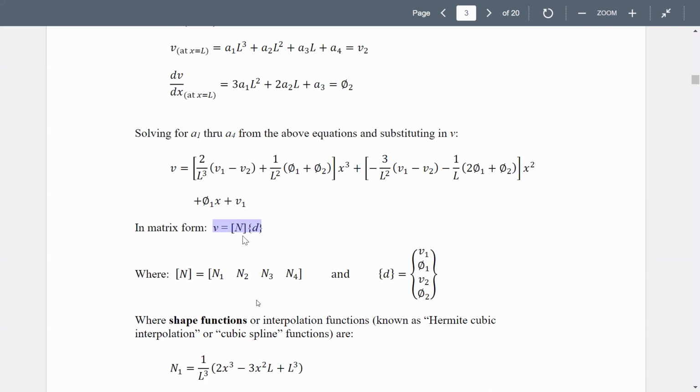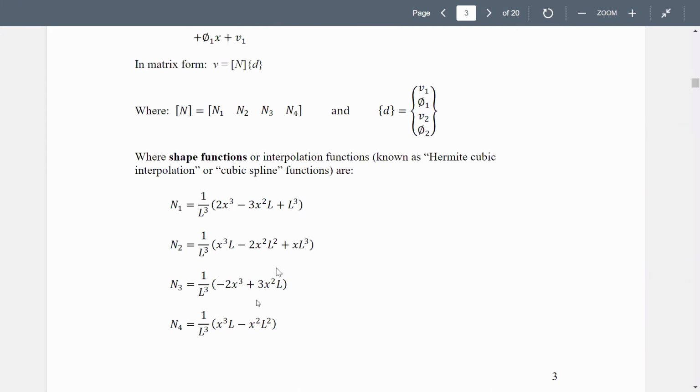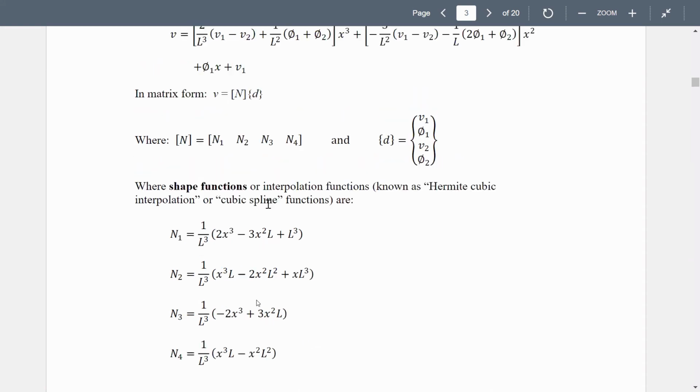That was for a bar subjected to axial loading. But now it is for beams, and it is like this. If we write this, we find the shape functions N1, N2, N3, N4. These are given by this.